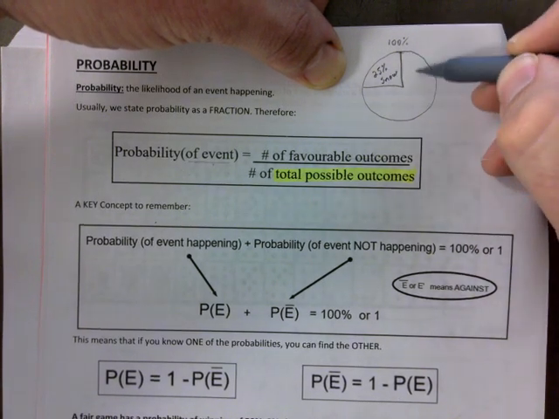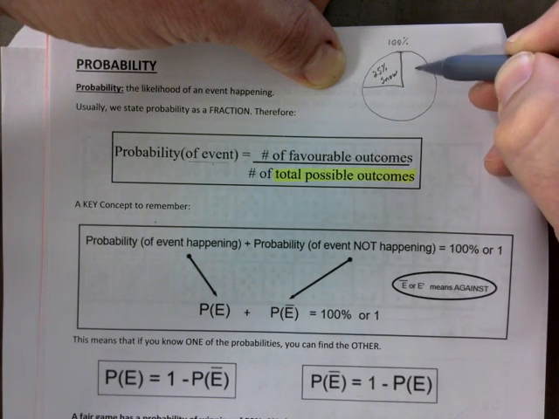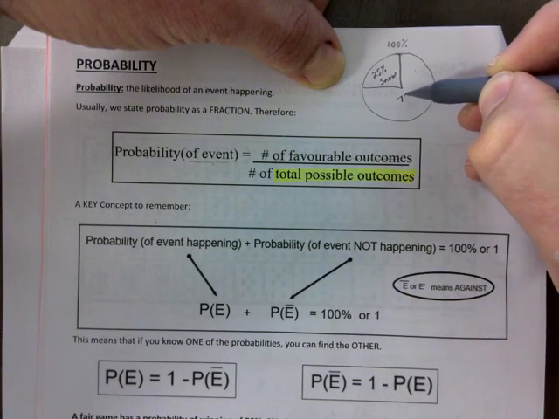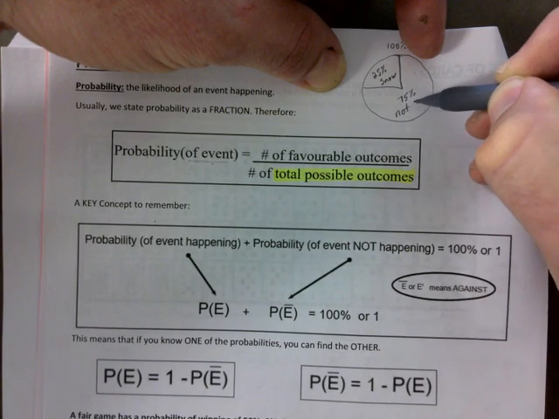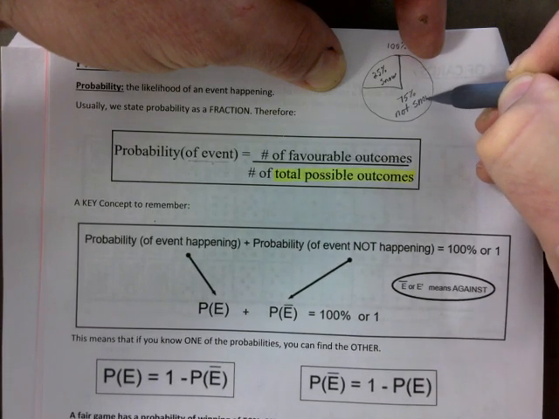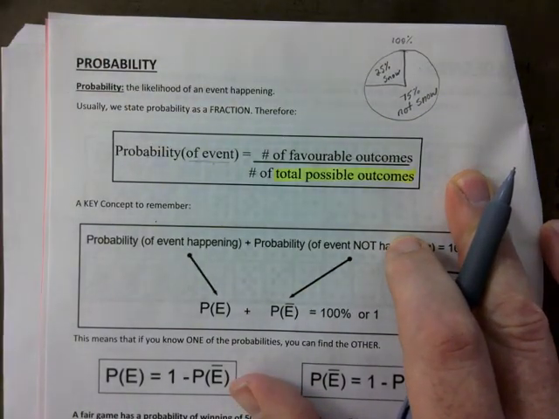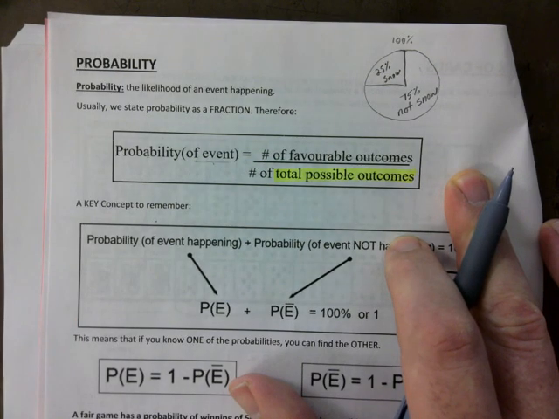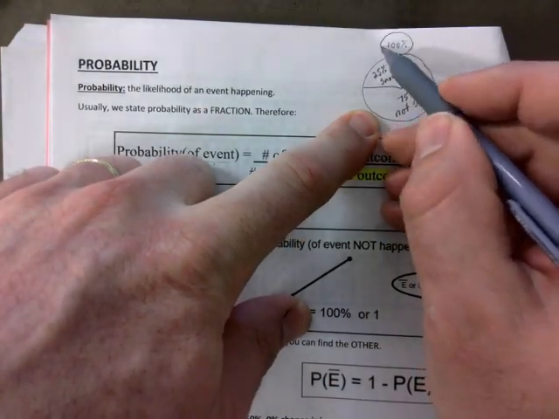What is this part that is not the 25%? This is saying that there's a 75% chance of it not snowing. And both of them are always 100%. So if there's a 13% chance of something happening, then there's an 87% chance of it not happening. Always remember, combined, it's always 100%.